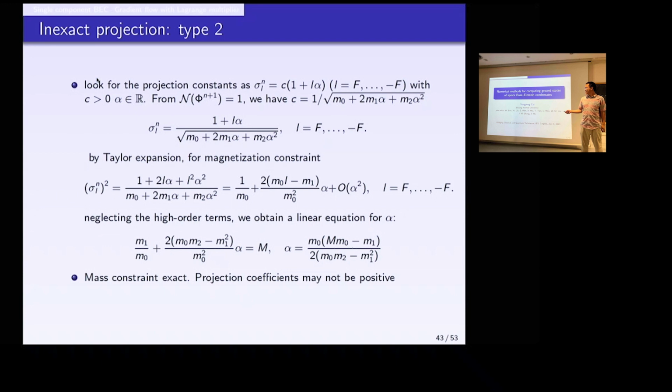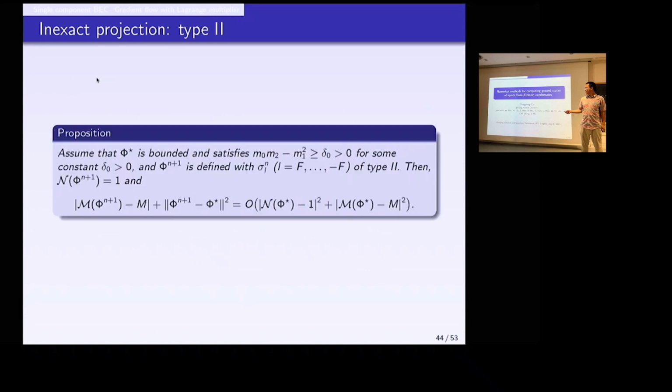But the bad thing is that we cannot guarantee this projection constant is positive. The good thing is that at least one constraint is exactly satisfied. Here we can also do the same analysis. After projection, the deviation from the constraint is much smaller than the one before doing the projection.